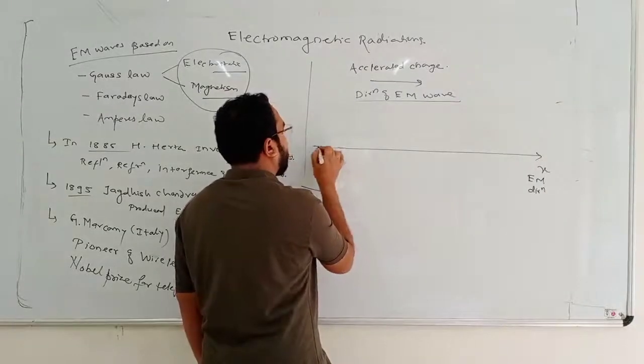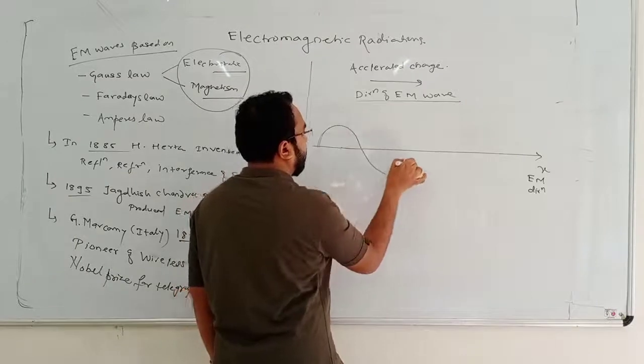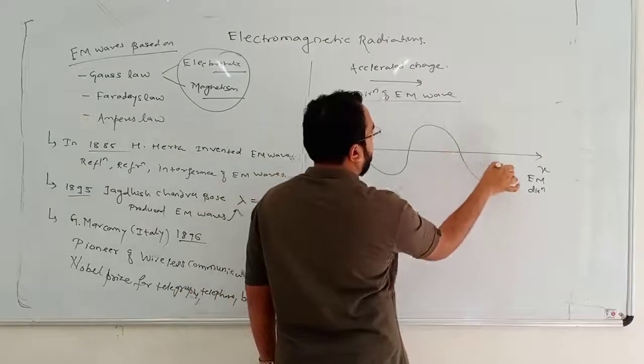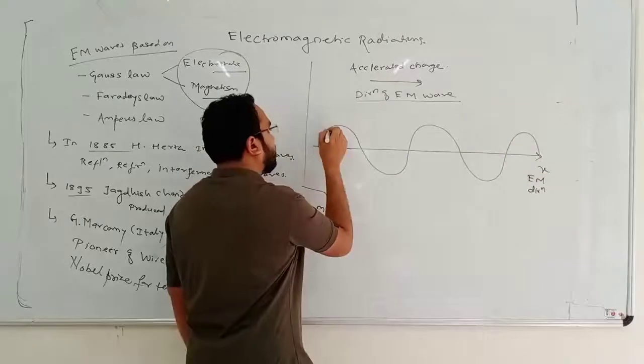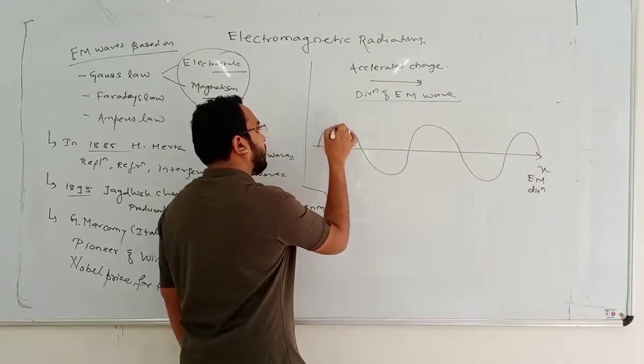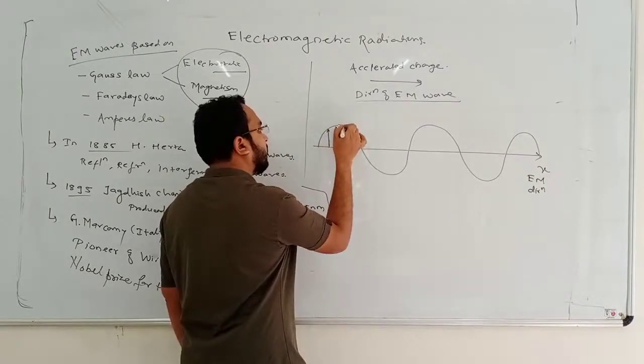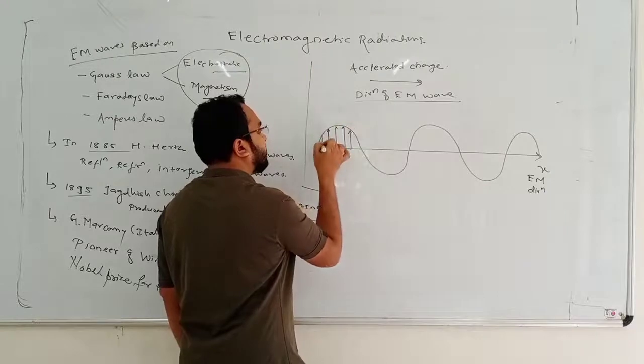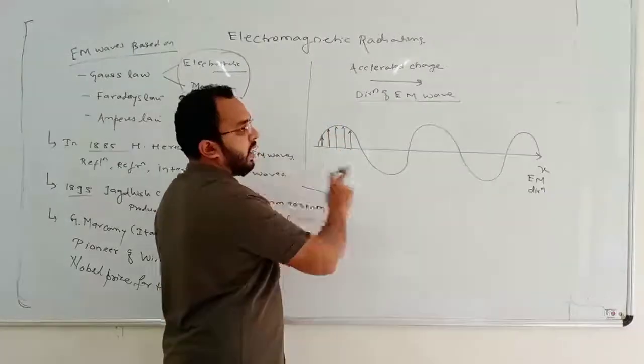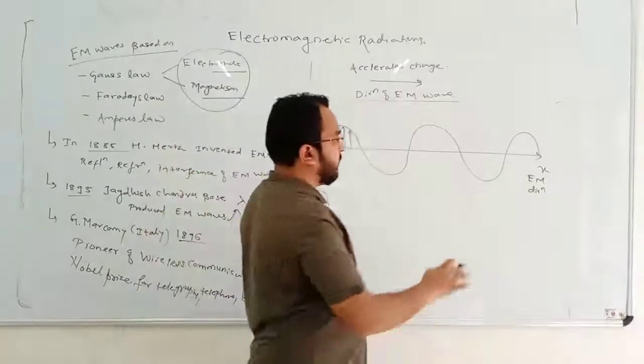This is the x direction, that is the direction of the electromagnetic wave. Suppose this is the y-axis, x-axis, y-axis.